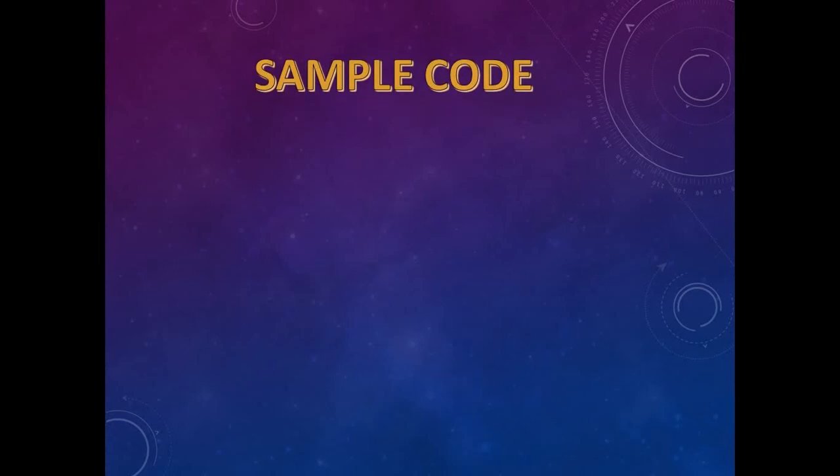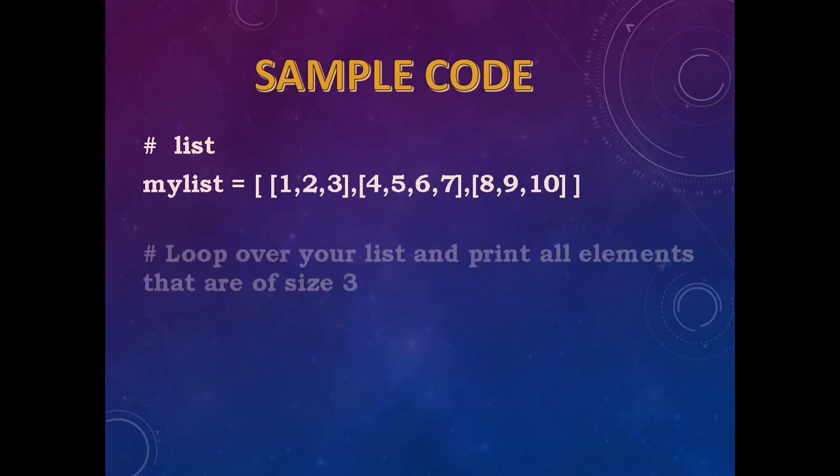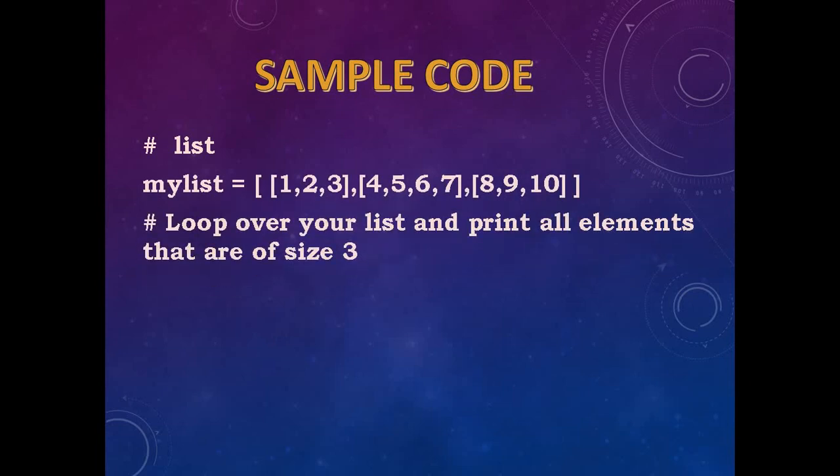Next we have the sample code for creating the list. Loop over the list and print all the elements that are of size 3. One list is given here and we are going to print the sublists with 3 elements. Print the list with 3 elements, for x in my_list. If len(x) is 3: for the first time x will take the values 1, 2, 3.